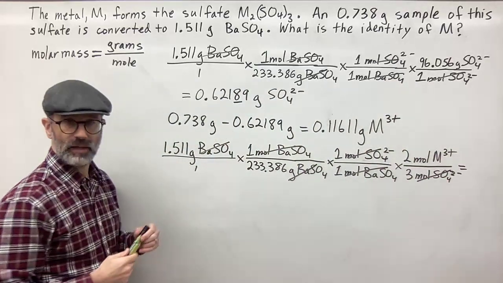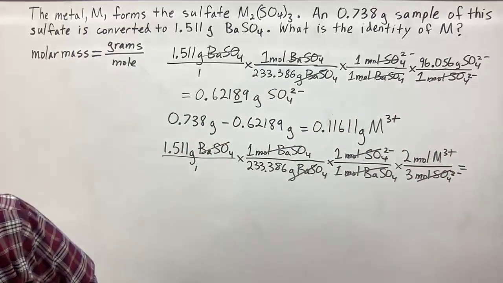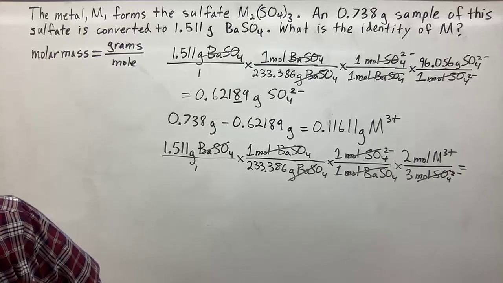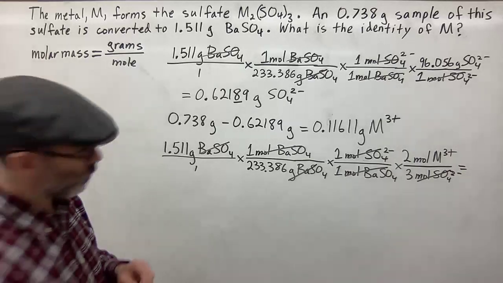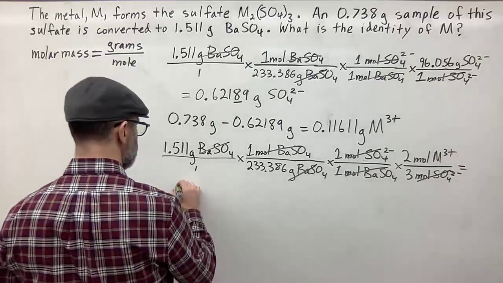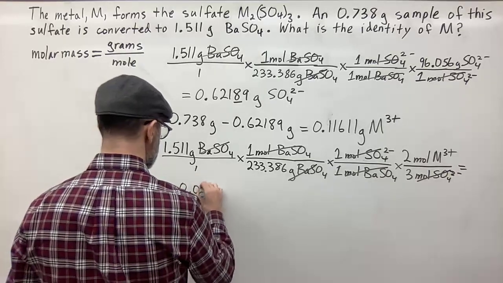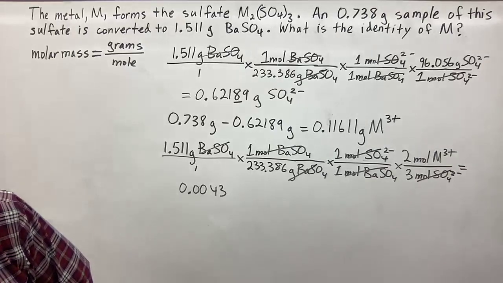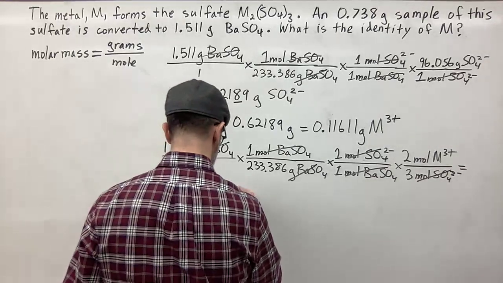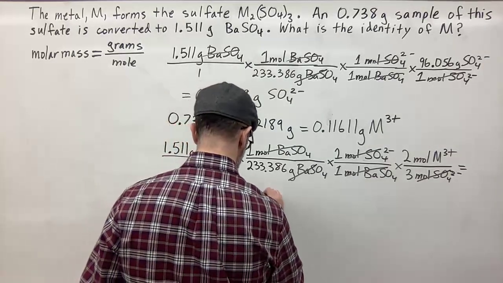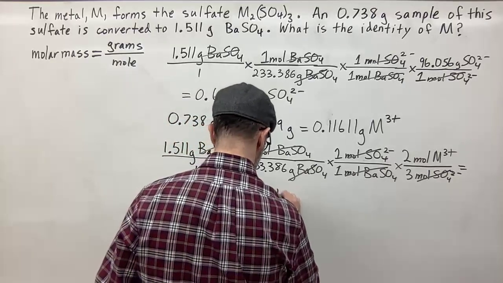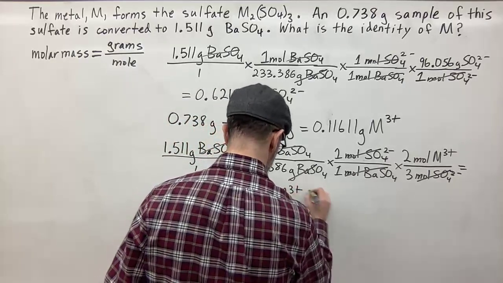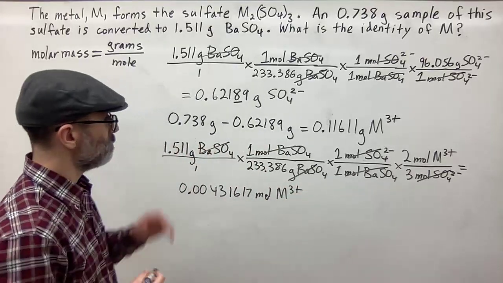And so again, when we calculate that out, you're going to get 0.00431617 moles of the mystery metal with a 3 plus charge.